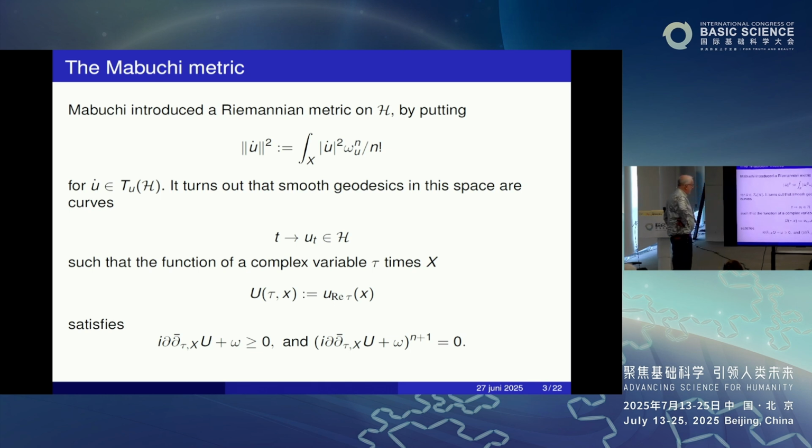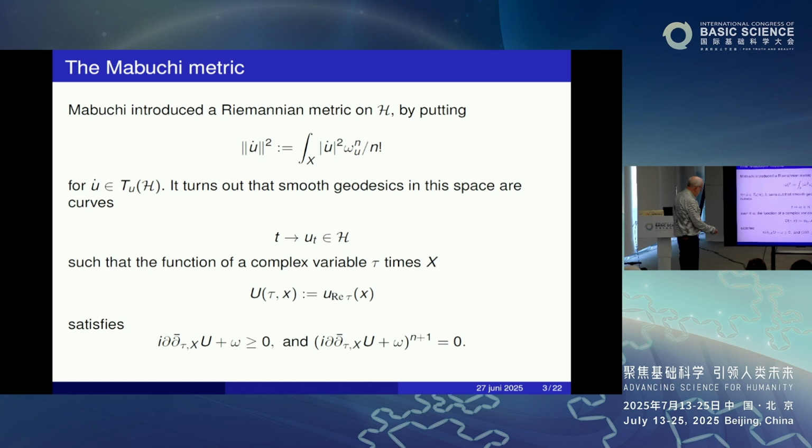And you can make it into something that depends on a complex variable τ instead of a real variable by just letting it be independent of the imaginary part of the variable. So then you get a function capital U of τ and x. And a geodesic should satisfy two things. First, it should be ω-plurisubharmonic.